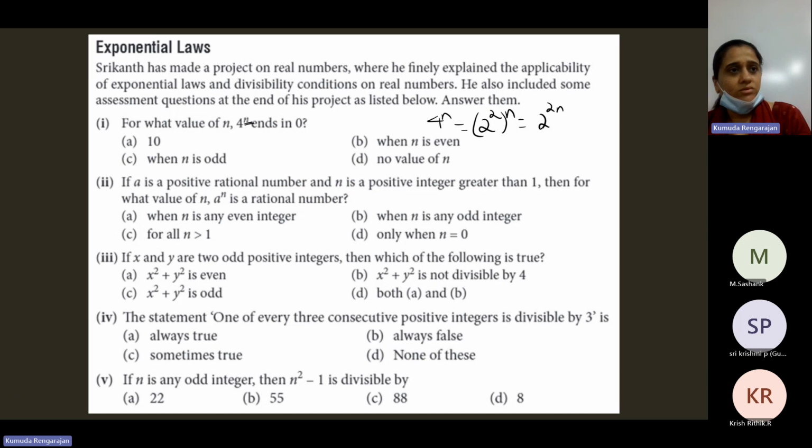The base is 2. So this expression has only this prime factor 2 happening 2n times. So there is no 5 at all. So this expression cannot end with the digit 0 because it does not have 5 as a factor. Okay, no value of n. Next one.